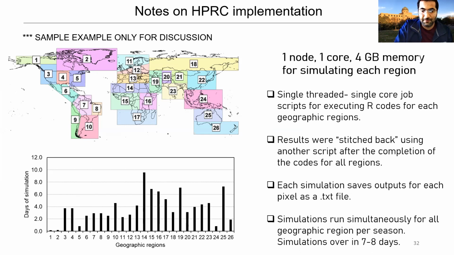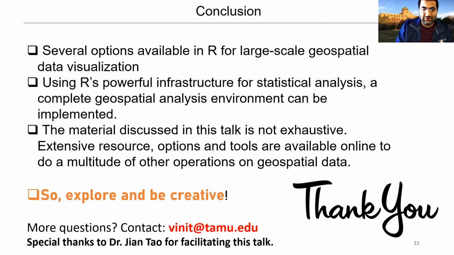So just to conclude, we have several options available in R for geospatial data visualization. As we have seen, this is a very powerful infrastructure for statistical analysis. But when we group that with the geospatial application, it becomes really powerful, especially if you are looking to go away from a manual system like ArcGIS or something else.